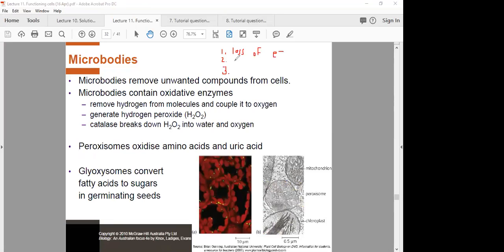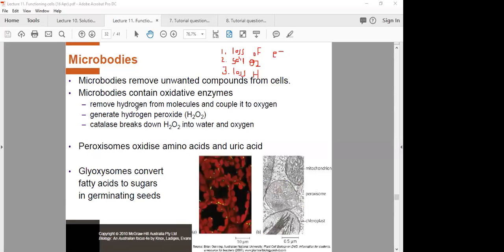Yep. What about gain of oxygen? That's supposed to say gain of oxygen. Or loss of hydrogen. Loss of hydrogen. All right, so in this case, the oxidative enzymes catalyse the removal of hydrogen from molecules.